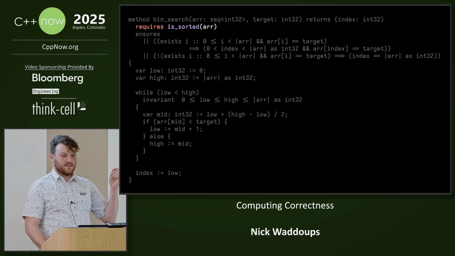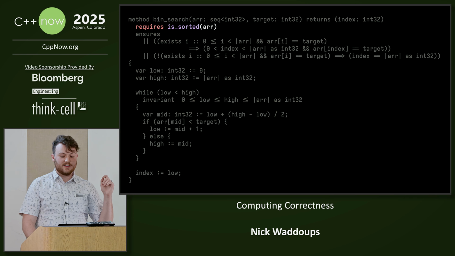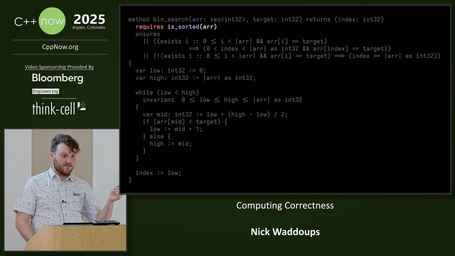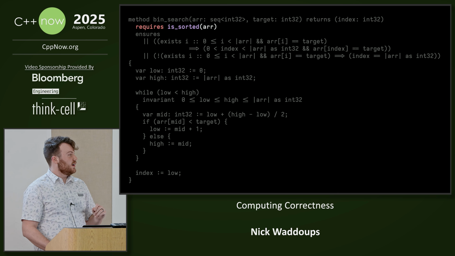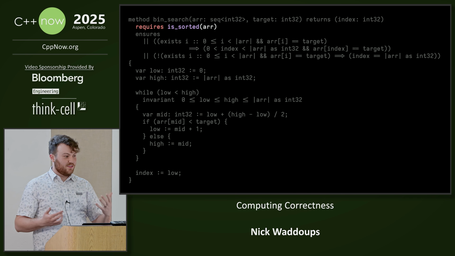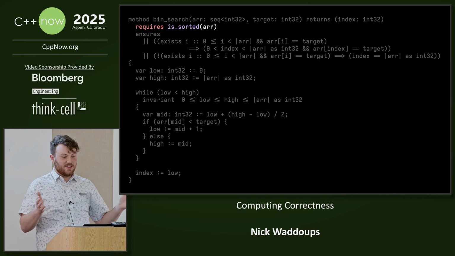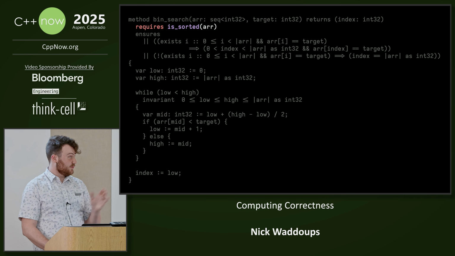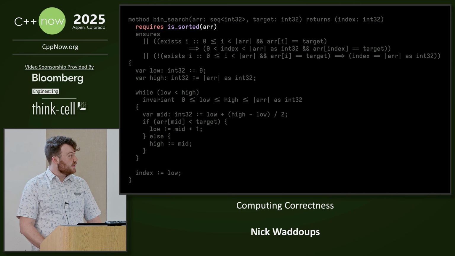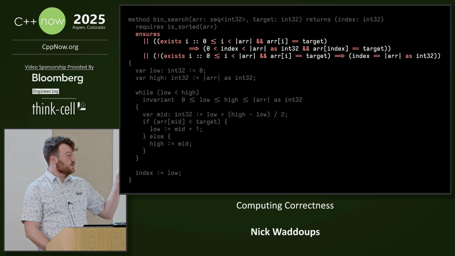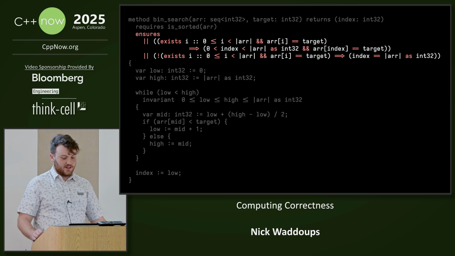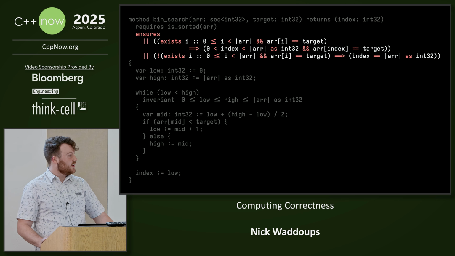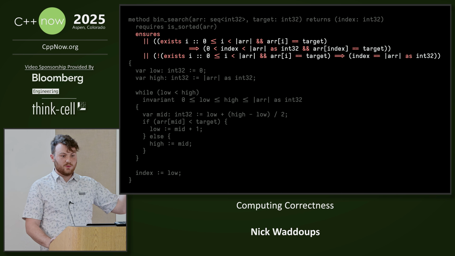So first we have this precondition that declares that the array should be sorted. I'll show you guys how we implement that in Dafny in a second. But basically, it's just an isSorted function checking that every value is sorted with respect to its neighbors. And then we also add our postcondition, which is the same one we derived earlier. We're using exists here, which is just a keyword in Dafny.